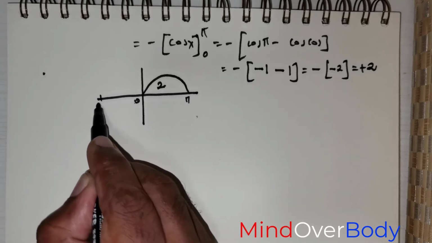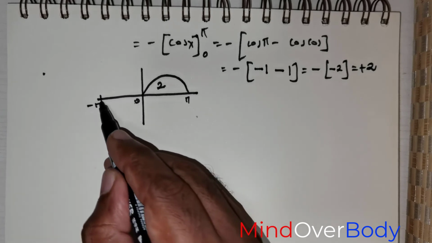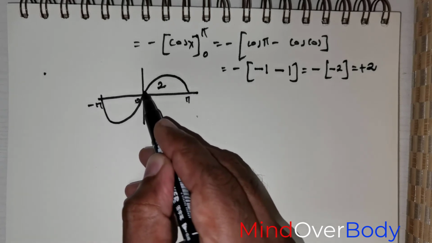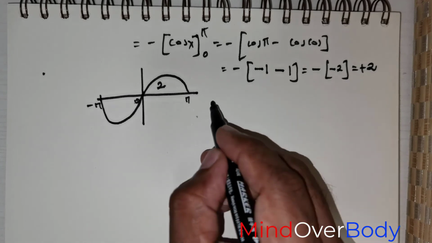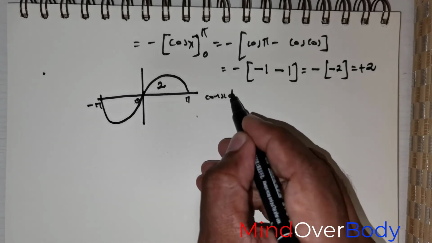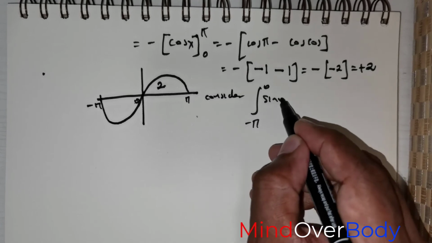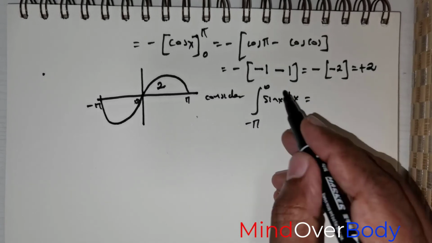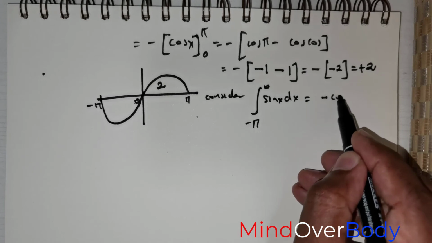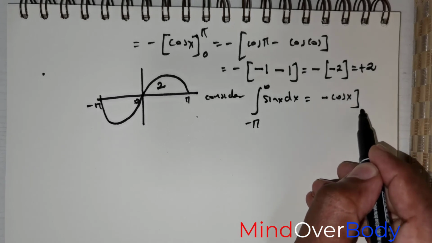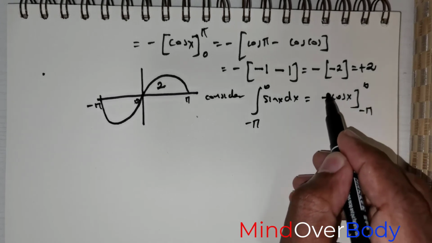Now let me head to the curve which is stretching from negative pi to 0. So let me show that to you. Consider now negative pi to 0 of sine x dx. If you were to integrate this, this is going to give you negative cos x. The limits are negative pi to 0.